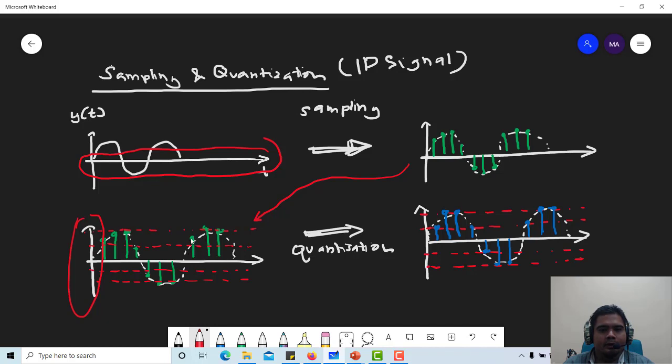For example, this green one is close to this one, so in the end it goes to that point. That is what I can explain about the meaning of quantization and sampling. Sampling converts continuous values to discrete values with respect to the horizontal axis, while quantization converts continuous values to discrete values with respect to the vertical axis.